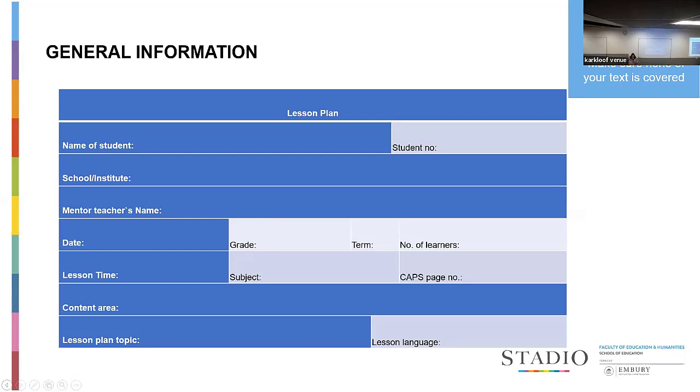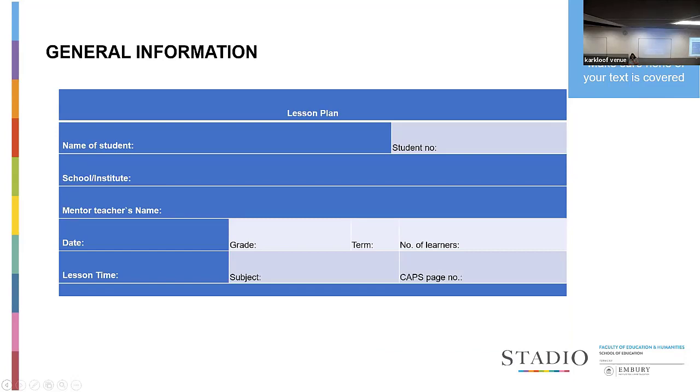So this is the first part of the template and of your lesson plan, which begins with some general information that you need to provide with each lesson plan that you do.